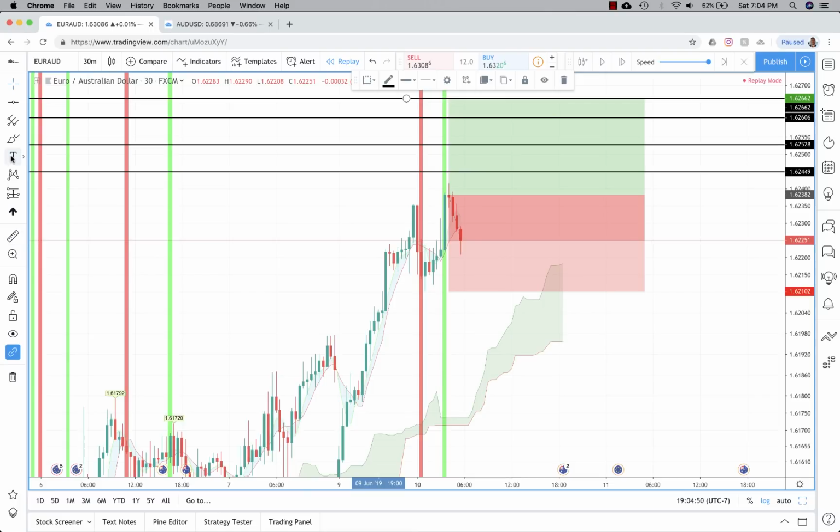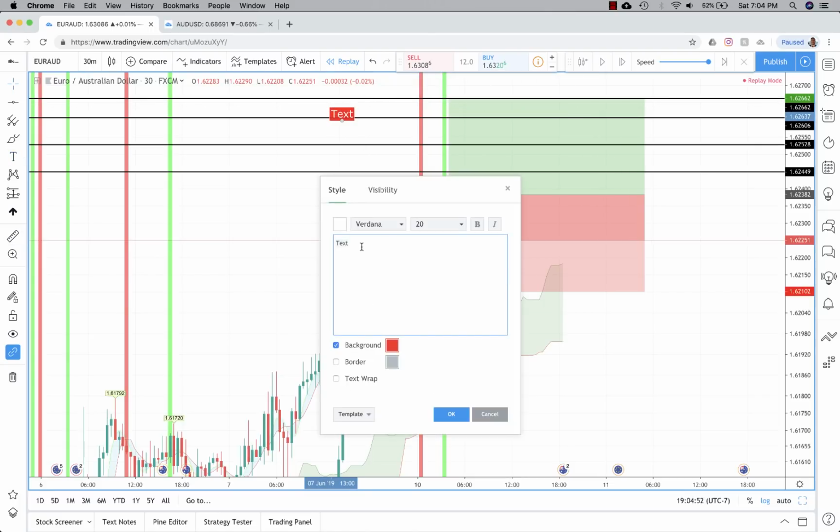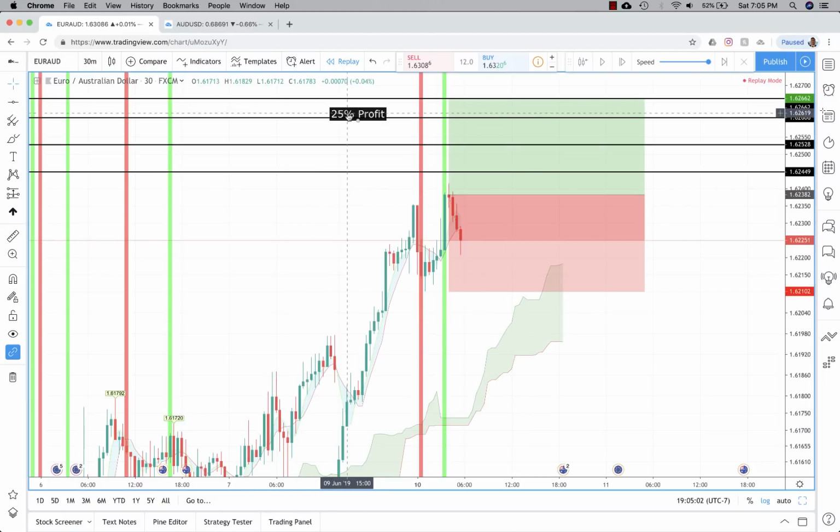So let me just write some text in there so you guys can see. 25% profit. Also, this would be break even.